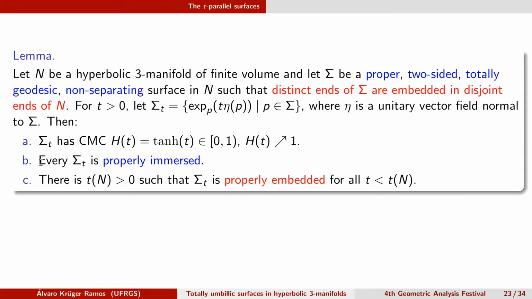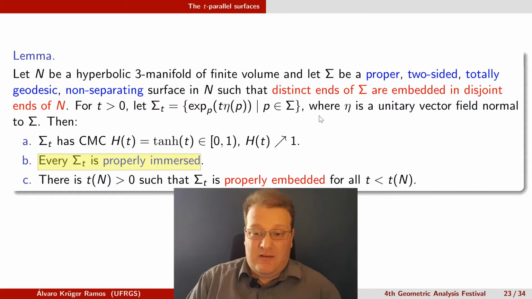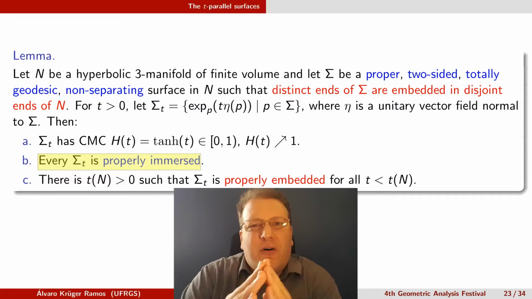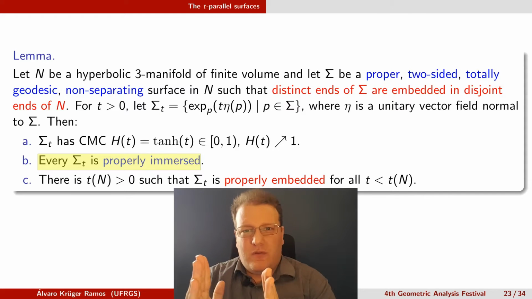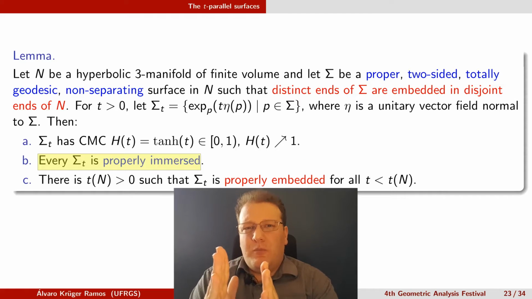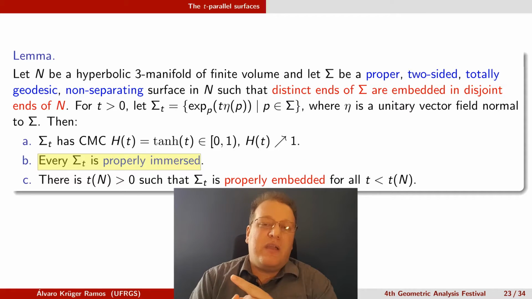The second, they are all properly immersed, and this could be false. I wouldn't expect this to happen because we are in a manifold of finite volume, right? So you don't have space to go. You could go parallel and then you start accumulating.